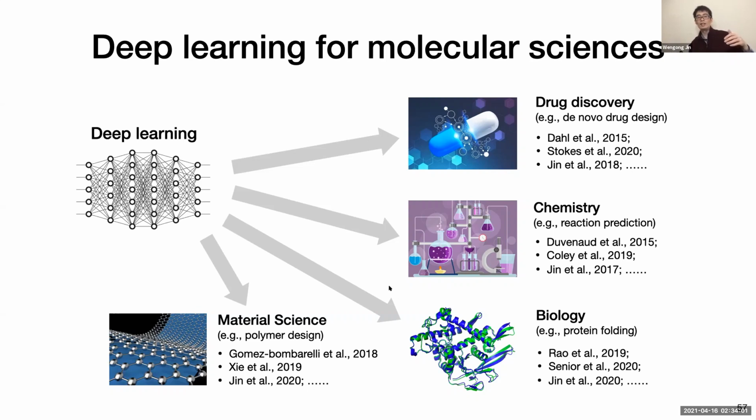Not just operating on graphs, but now you have to deal with geometric objects in 3D space, and how you design deep learning algorithms that can efficiently learn representations out of these 3D structures is very interesting. Also, in material science, you have to deal with large structures like polymers. These are gigantic.